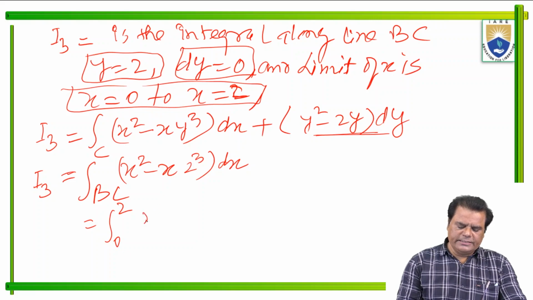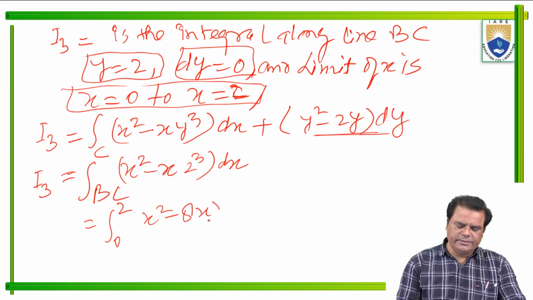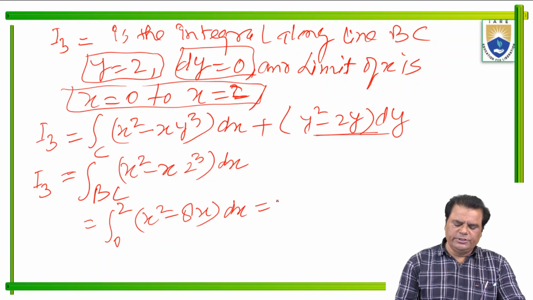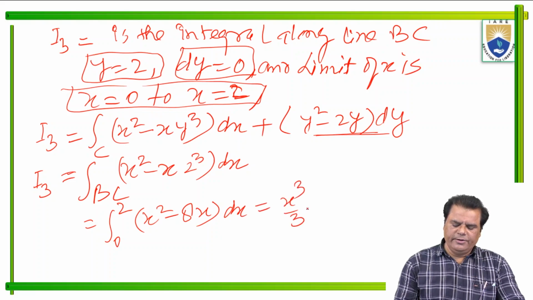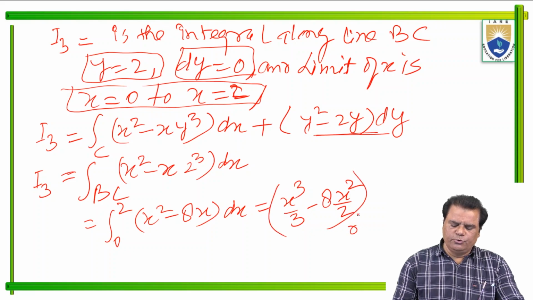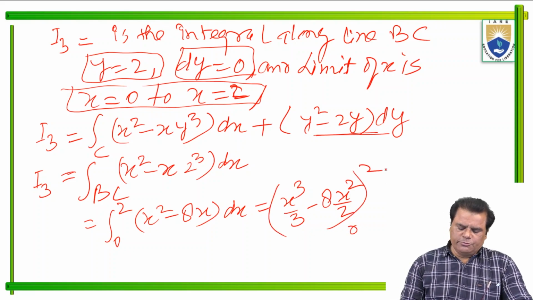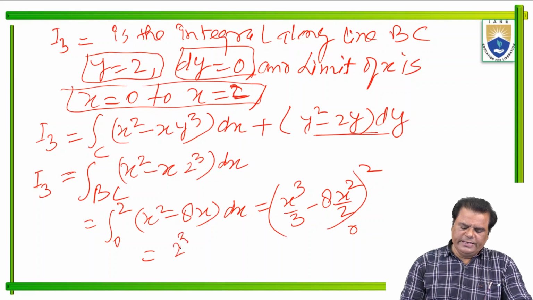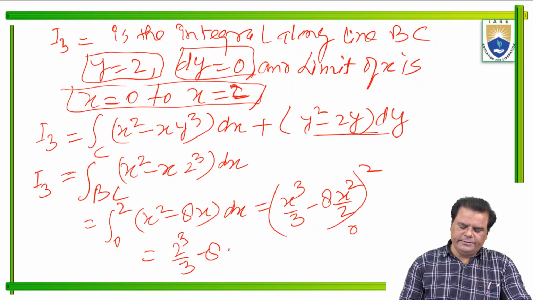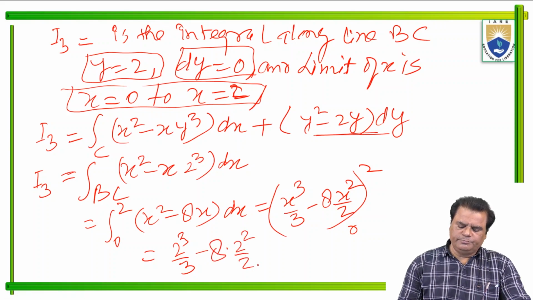Now x square minus 8x dx. So this is x cube by 3 minus 8x square by 2, putting limit 0 to 2. So this equals 2 cube by 3 minus 8 into 2 square by 2 minus 0.